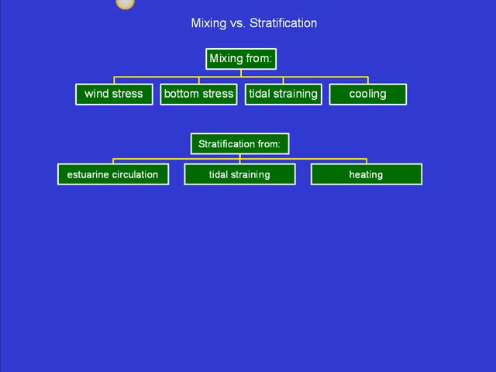How about here in Florida, think of the Ponce de Leon Inlet. What happens with a heavy rain, a heavy downpour? That adds, directly from the rain, it could add stratification. So we'll see how much rain we need to have in order to be able to see the effects on stratification.